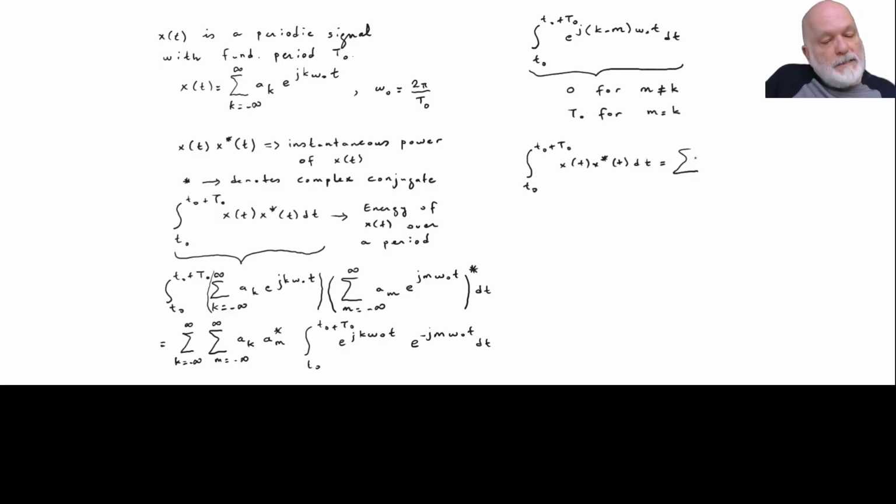Now, since the integral of the complex exponential term is equal to 0 for m different from k, the double series expression will reduce to a single series, k from minus infinity to plus infinity, ak, and we have only a non-zero result when m is equal to k, therefore we have ak conjugate.